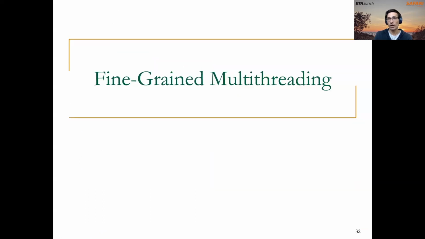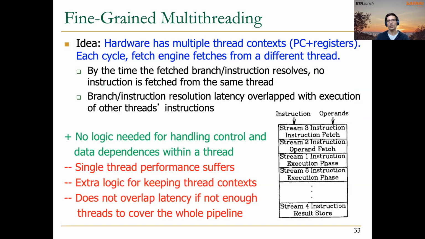And it's a fine-grained multi-threaded pipeline. As I said, if you need a quick refresher on fine-grained multi-threading, let me remind you that here the hardware has multiple thread contexts. Those are the 24 hardware threads that I just mentioned on the DPUs. A thread context here means a program counter and registers, and in each cycle, the fetch engine fetches one instruction from a different thread.